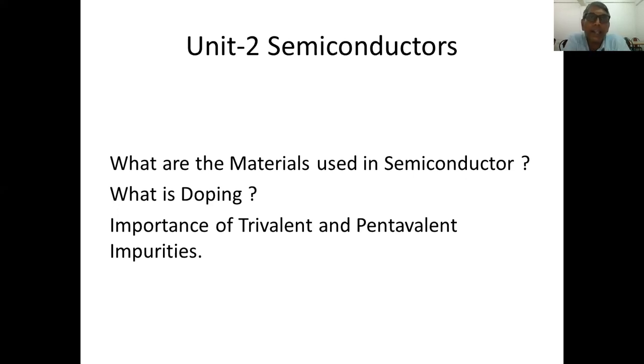For example, a conductor, we can say conductors are those substances which allow the current to flow through them, whereas insulators are those substances which do not allow the current to flow through them. Examples of a conductor are copper, aluminum. Examples of an insulator are wood, rubber, glass. But how to define a semiconductor?